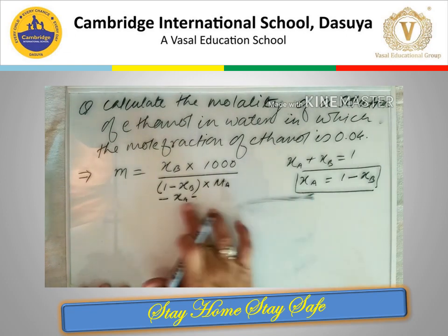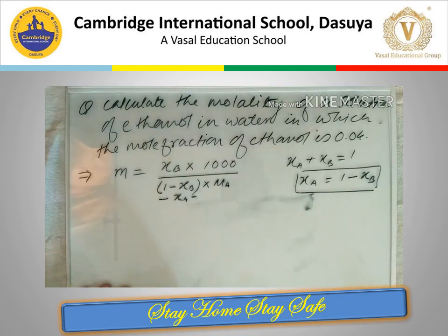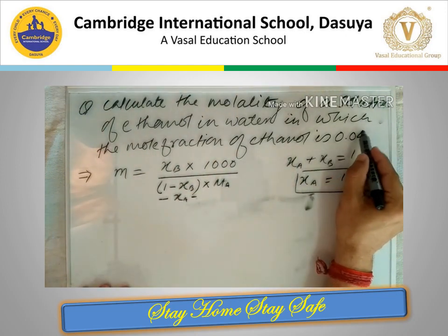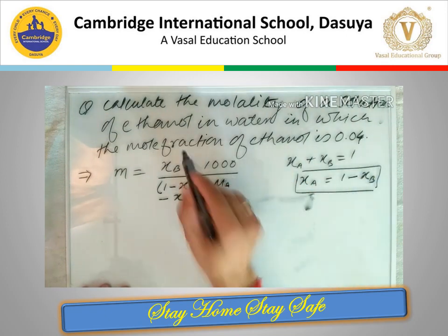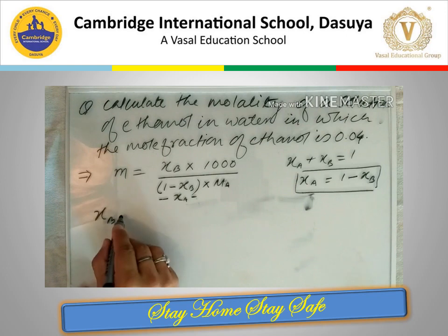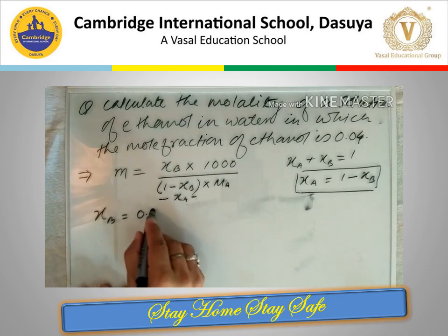Now let us solve this numerical. Mole fraction of ethanol is given, it is 0.04 here. That is xb or chi b is equal to 0.04.